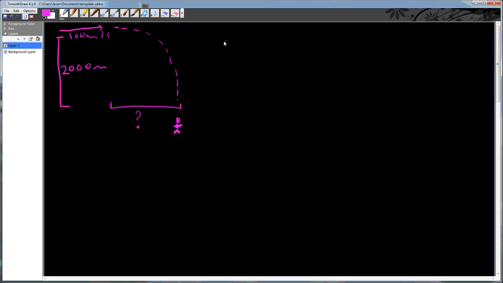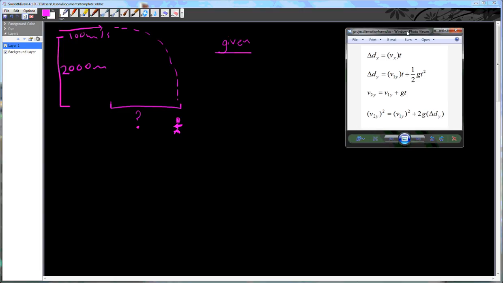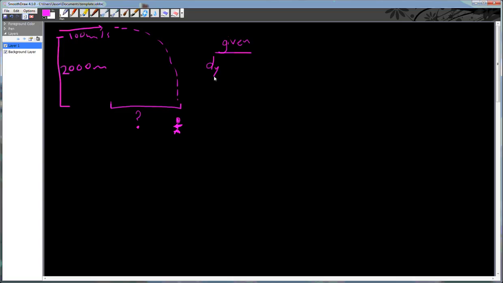Alright, so let's convert this to our favorite variables. Which of these variables are we given? We know dy, our displacement in the y direction, is 2,000 meters. We know our VIY, our initial y velocity, because there is no initial y velocity.